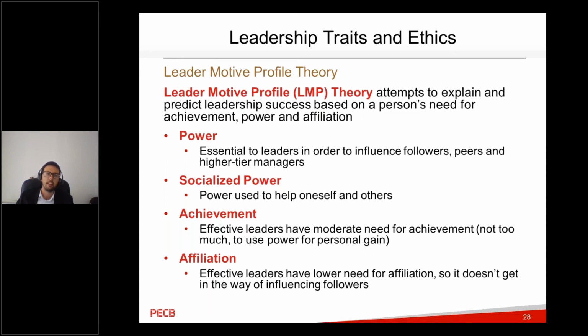Then, when it comes to achievement, an effective leader has a moderate need for achievement. They don't want to overachieve because that makes them egoistic and probably too self-absorbed. In this case they are enthusiastic enough to reach the goals, but without doing so for individual purposes.